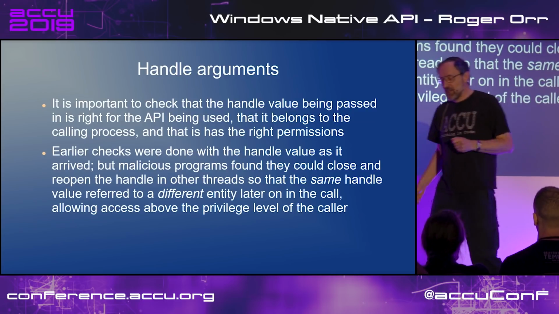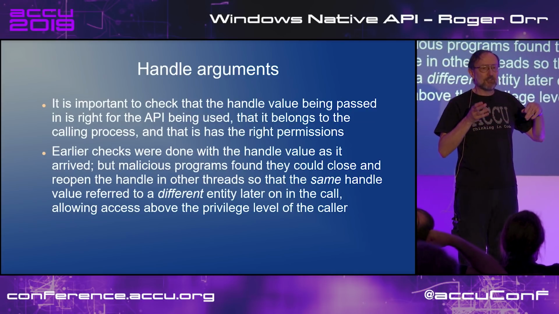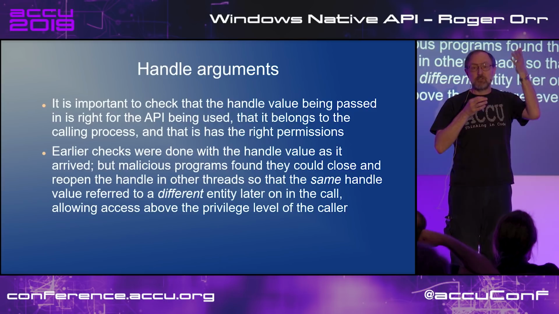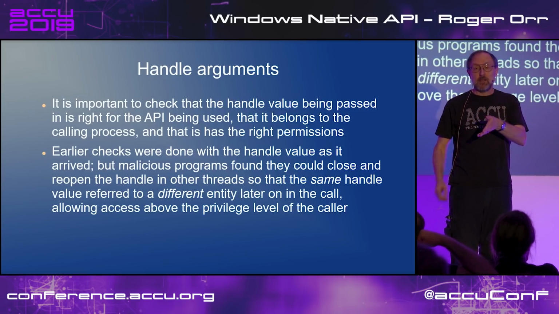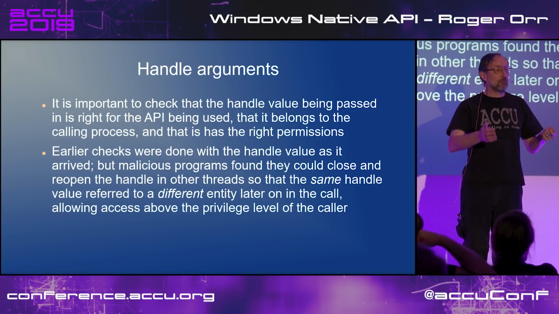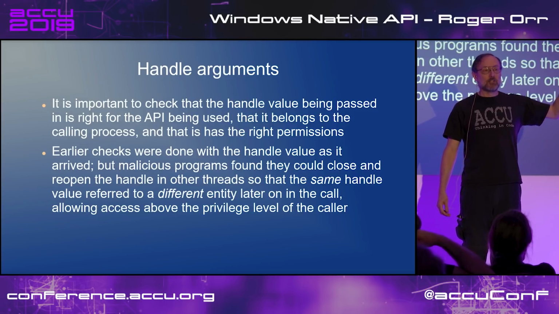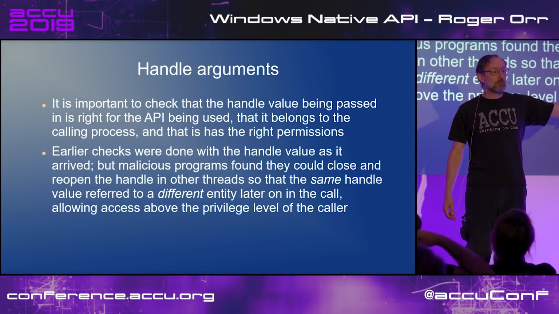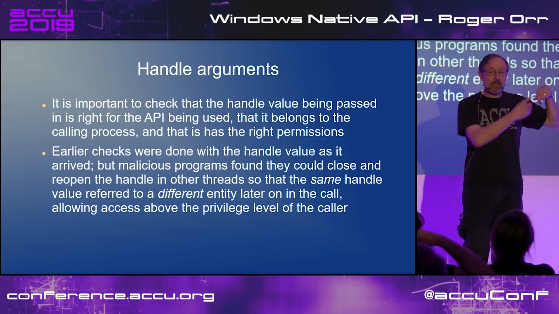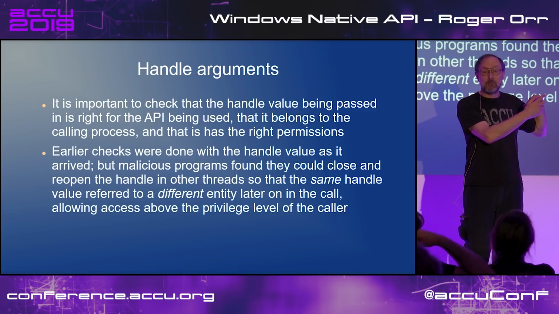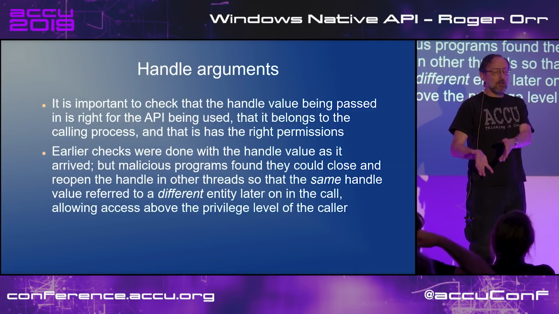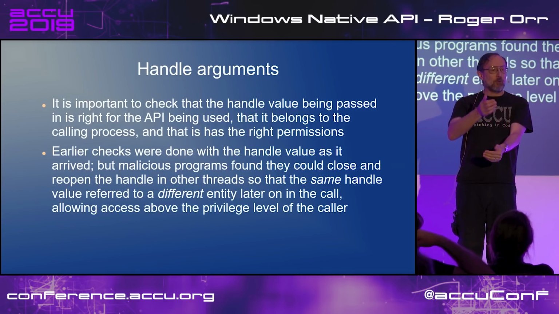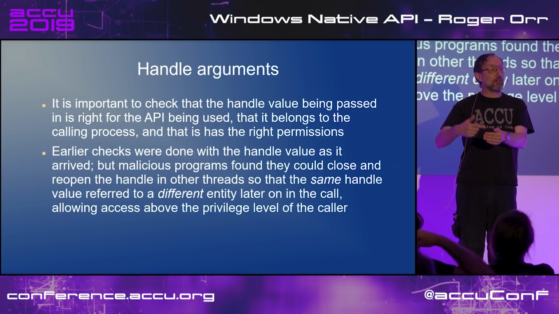So I will pass a file handle to c/temp/whatever into a write API, and in another thread, I will close that file handle, I will open c/windows/system32/ntdll.dll, and I'll keep repeating the open and close until I get back the same file handle. And if I'm lucky, in the kernel, it will at that point be attempting to write to the file handle it validated earlier.